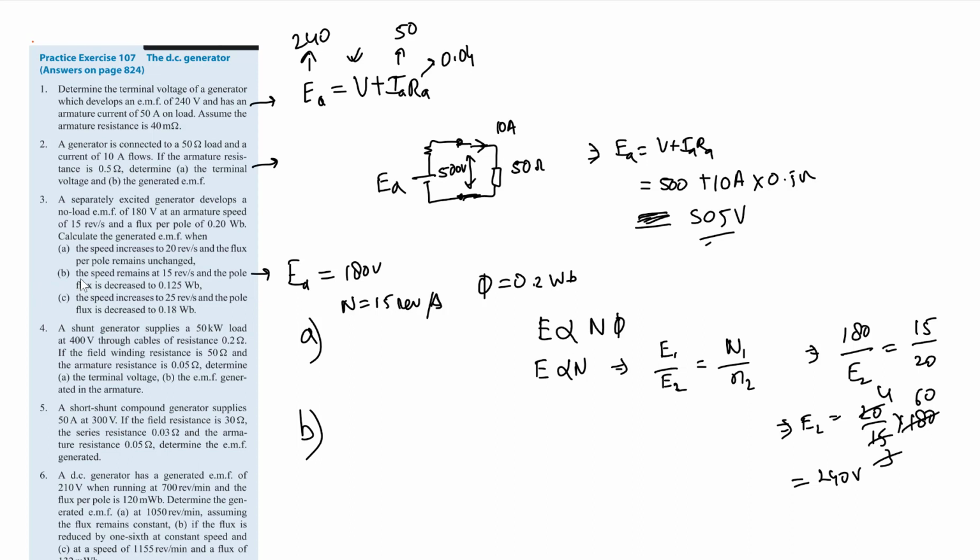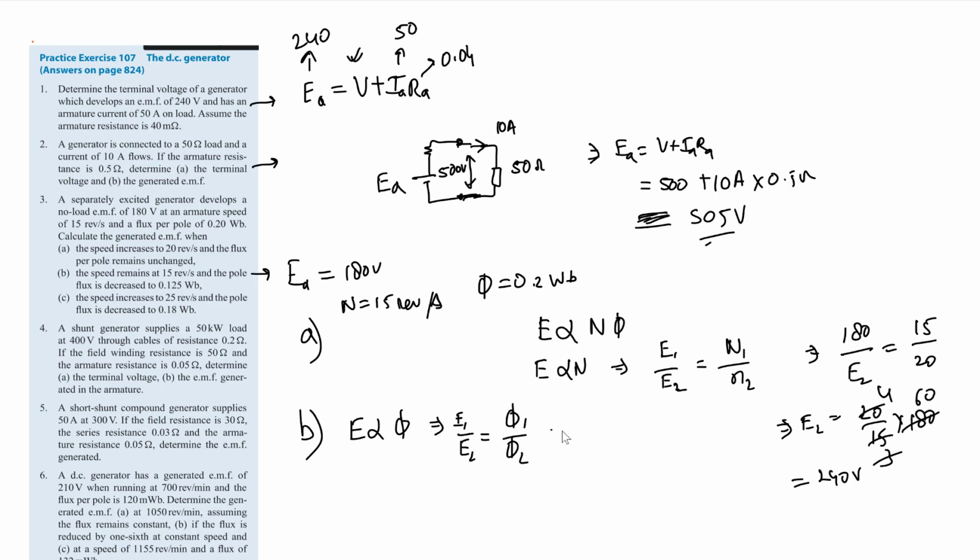The B part is telling that the speed is remaining constant and the flux per pole is decreased to 0.125. So when the speed is remaining constant, the EMF generated is directly proportional to phi. So I can write E1 by E2 is equal to phi1 by phi2.